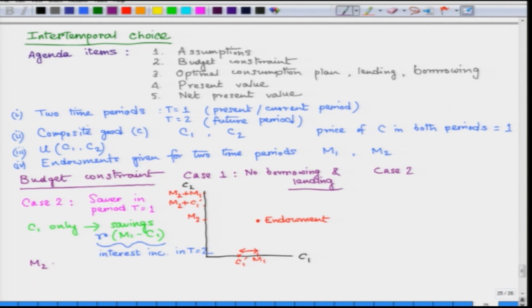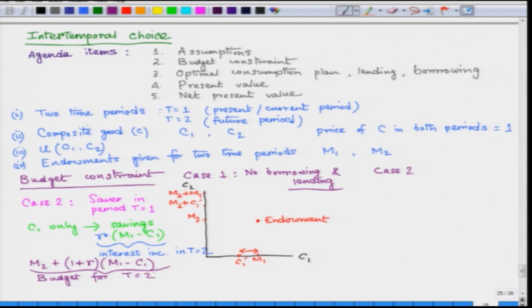So, M2, that is the endowment of period 2, plus what he or she will get from the bank, as he or she saved M1 minus C1 amount of money in the previous period. So, this is going to be his new budget for period t equal to 2.